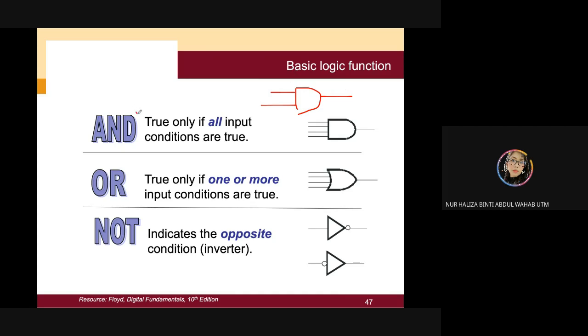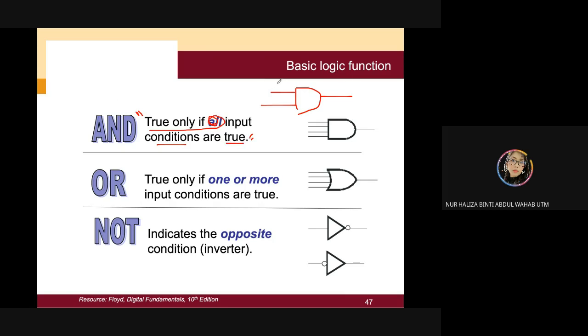And the condition over here. You need to remember the condition in terms of sentences. But if you cannot remember in sentences, as long as you know, okay, if only all the inputs are 1, then your output will be 1.